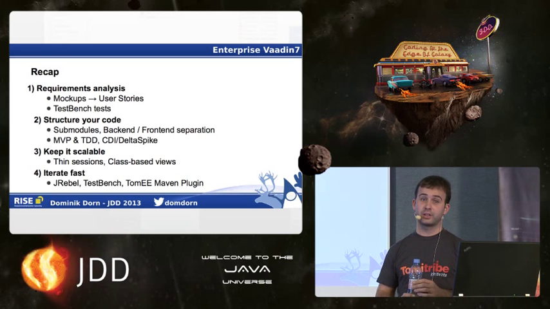A good trick is to use class-based views and to iterate fast. So use JRebel, use TestBench, use the trick I showed you to really have a fast development experience. The worst thing you can have is to wait 5 minutes or even more for a redeploy. With these tools, you have redeploys in under 1 second, and it's really fun to create web applications that way.